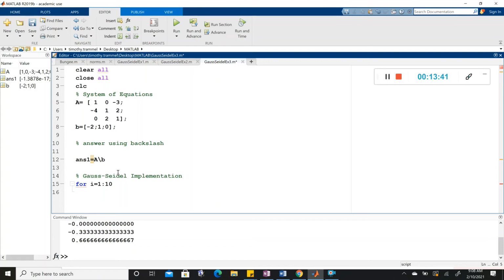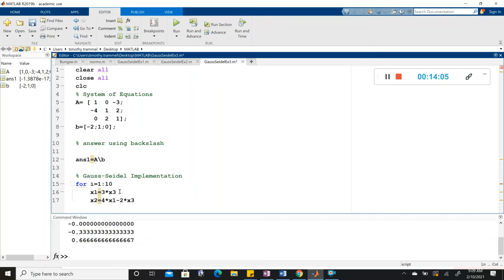And then for our first equation, we'd have x1 is equal to 3x3. For our second equation, we would have x2 is equal to 4 times x1 minus 2 times x3. And I shouldn't forget about my b vector over here.